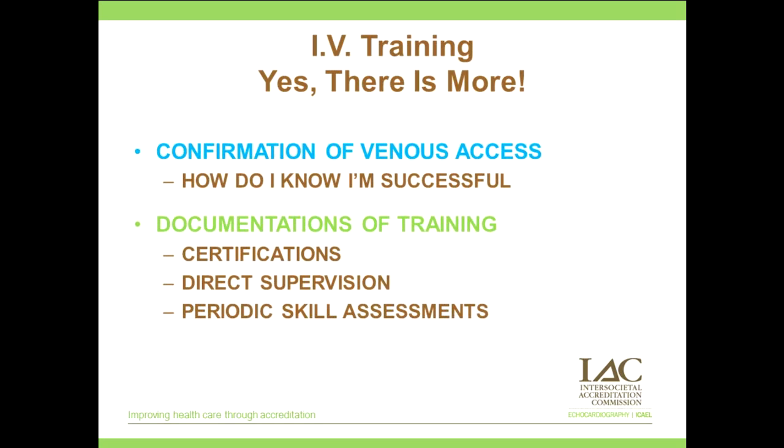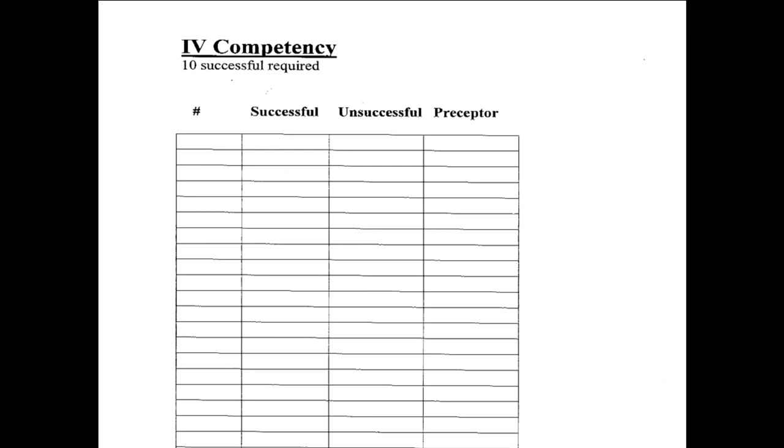This will ensure the instruction that you originally were taught is still being practiced. And this is just an example of the competency form we actually used in our lab. Once we were competent, it was signed by the preceptor, and this form was then placed in our personnel record.